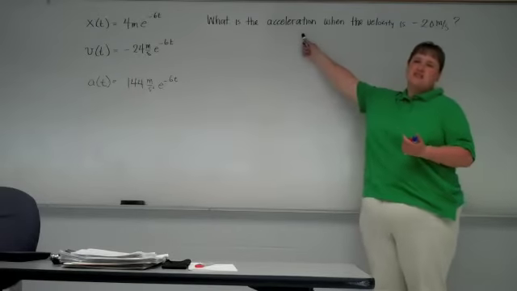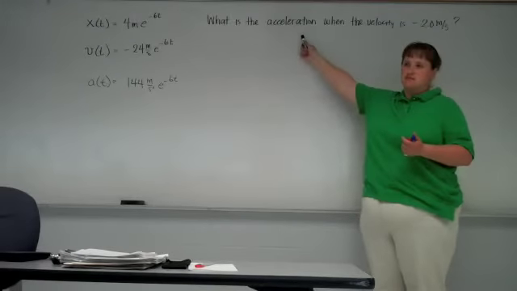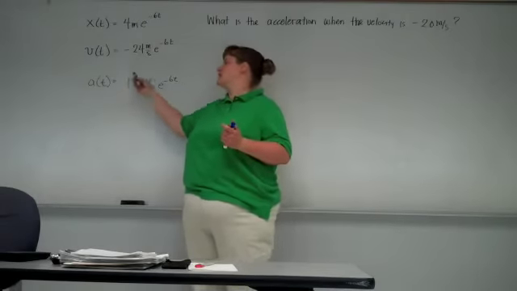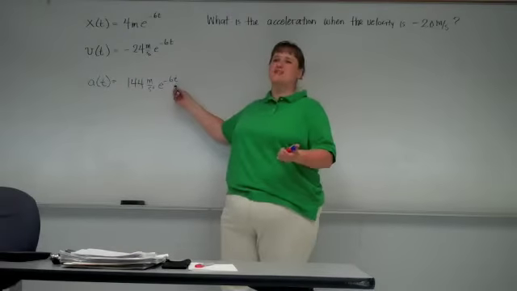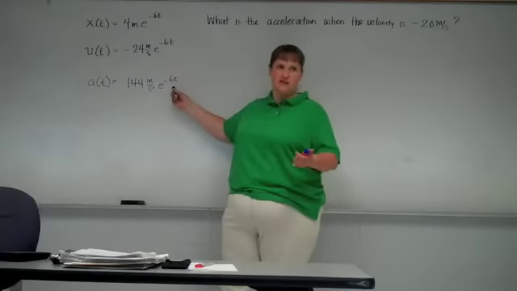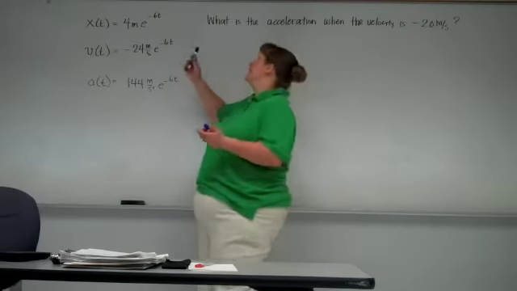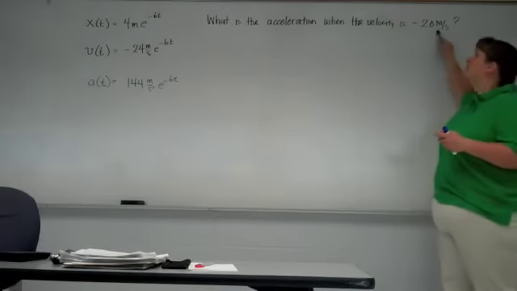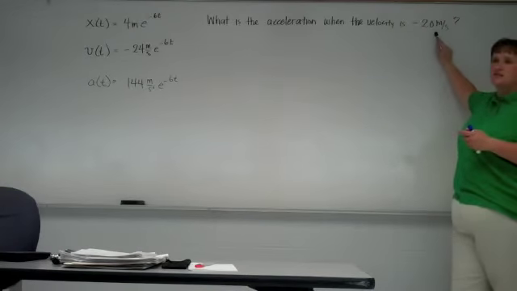Our end goal is to find the value of the acceleration. But we can't find the value of the acceleration without knowing the time. So we need to know what time we want to find the value of the acceleration. Well, we want to find the value of the acceleration when the velocity is negative 2 meters per second.